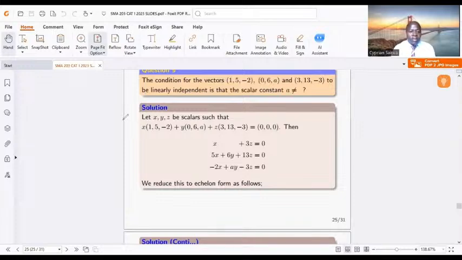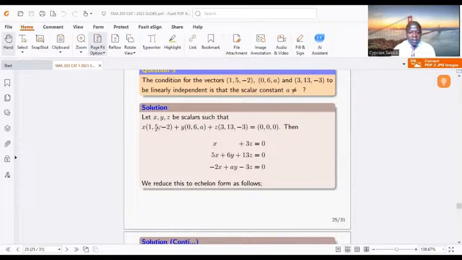Just using the definition of linear independence, we assume we have scalars x, y, z such that this plus this should be 0. If these scalars x, y, z are all zeros, then it means that the vectors given to us are linearly independent.